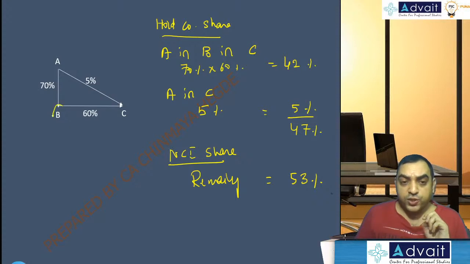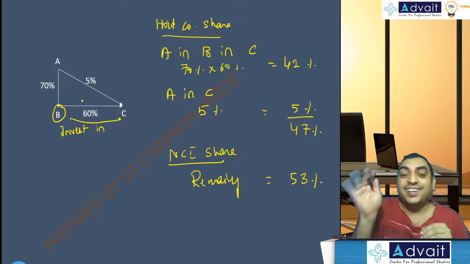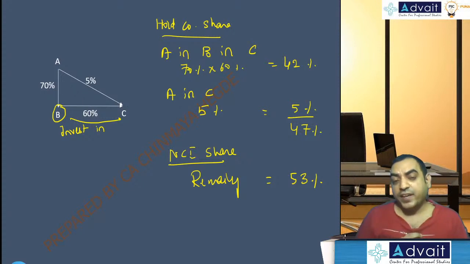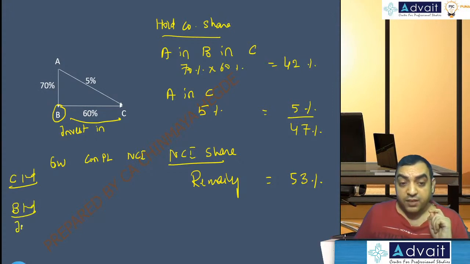Now B is also having an investment in C, right? An intermediary holding company has got investments. So when we write the headings, goodwill one column, consolidated P&L one column, NCI another column, we will be starting with C Limited, no issues. We will be writing B Limited. In that we will write investment, right?